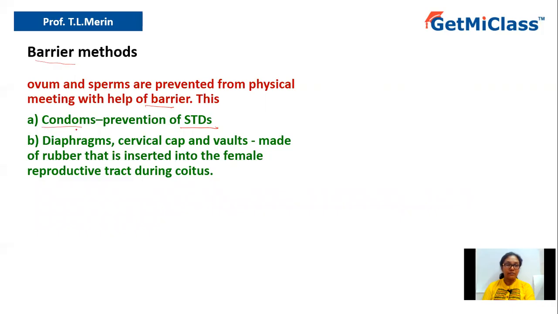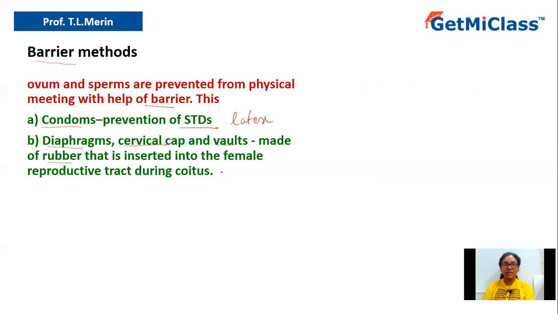Then, apart from condoms, there are other barriers like diaphragms, cervical caps, and valves. These are all made of rubber, whereas a condom is made of latex or again rubber. They are inserted in the female reproductive tract during coitus and will not allow the meeting of the sperms with the egg.